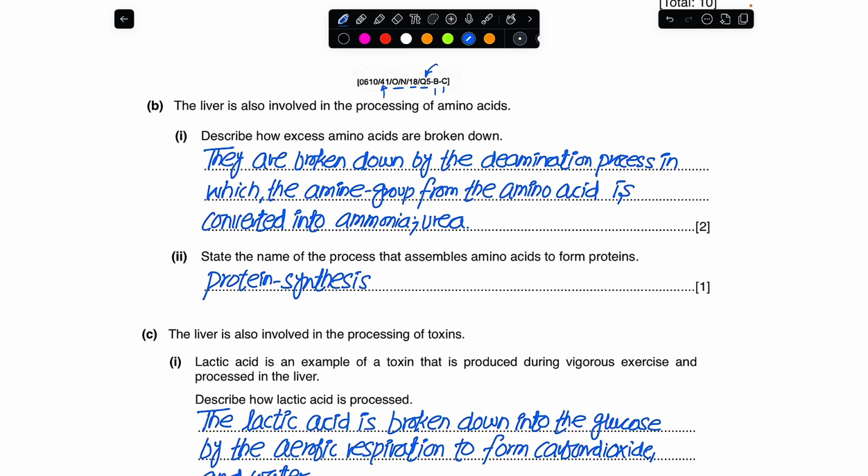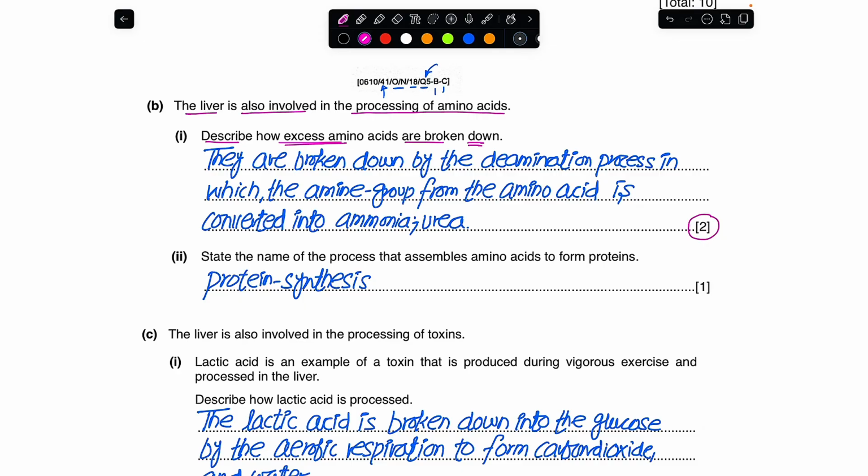This is related to the liver and its function. What they are telling us is that the liver is also involved in the processing of amino acids. For 2 marks, the examiner wants us to describe how excess amino acids are broken down.